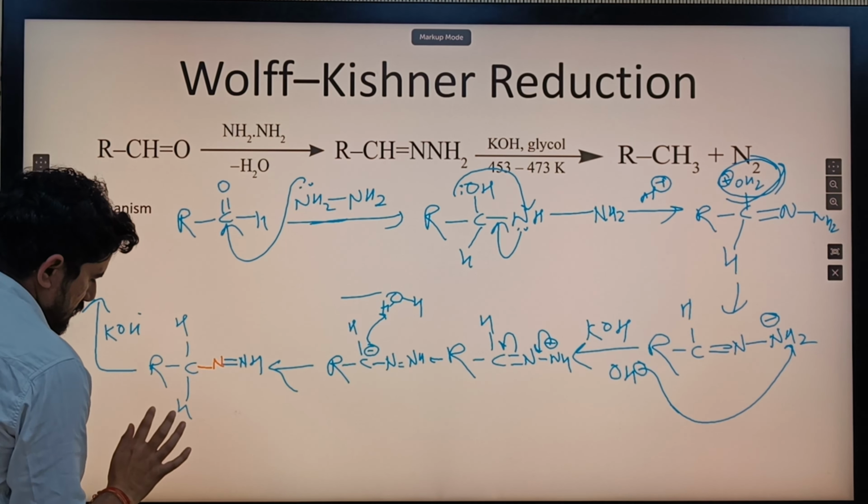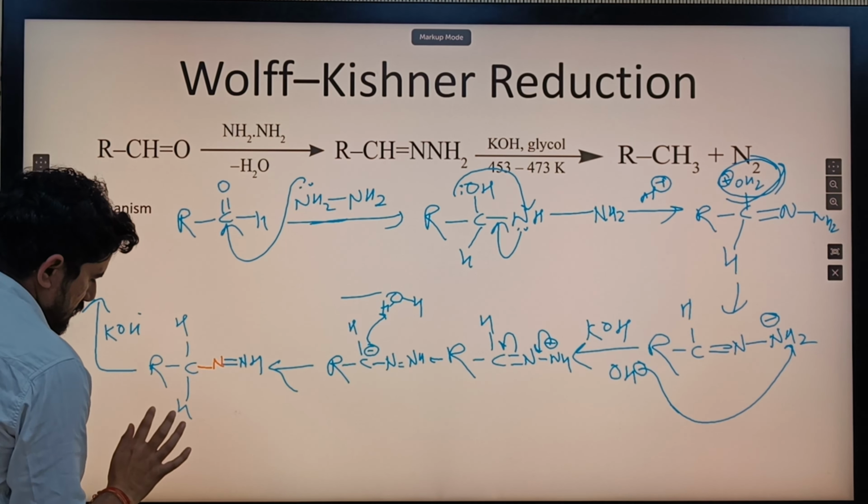So let's see what is going on in this reaction in presence of base. We have an aldehyde group, NaOH. OH acts as a base here.